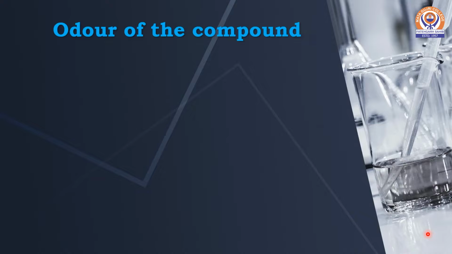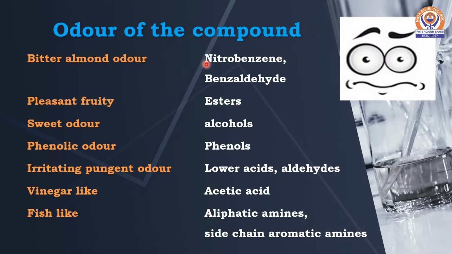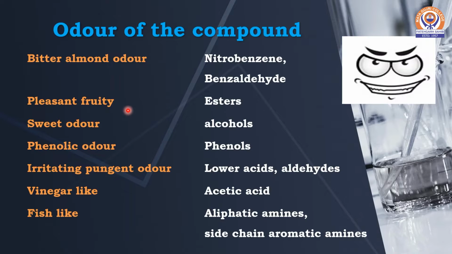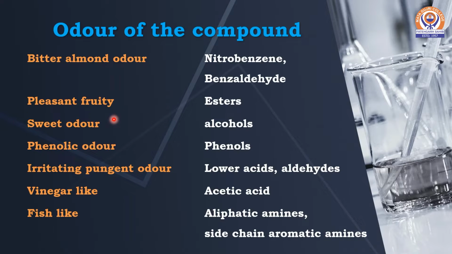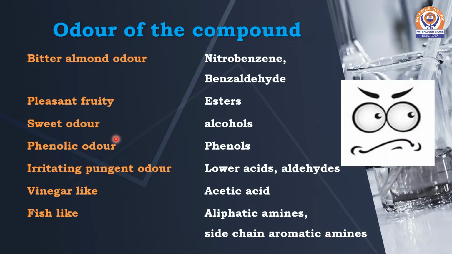Odor of the compound. Bitter almond odor is of nitrobenzene and benzaldehyde. Then esters have a pleasant fruity smell. Sweet odor is of alcohols. Phenols give a phenolic odor, not very good to smell.